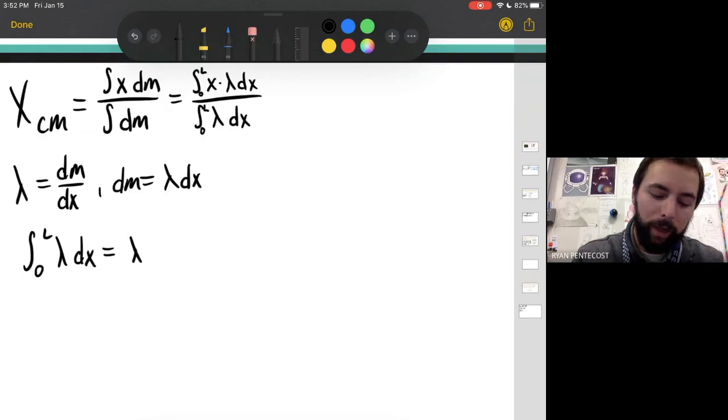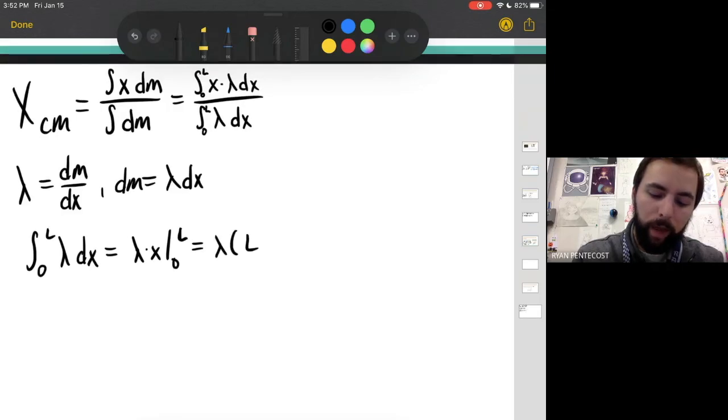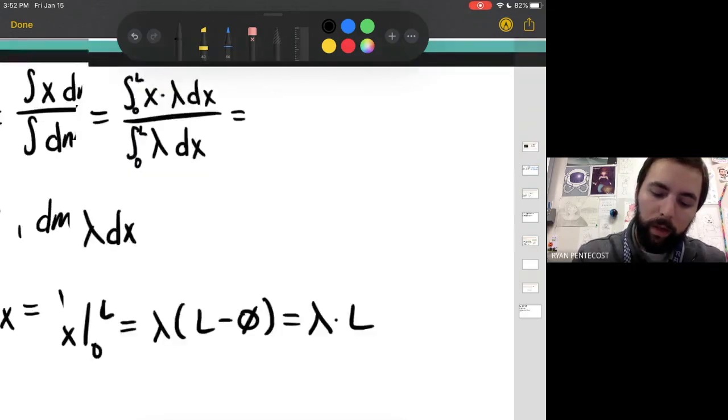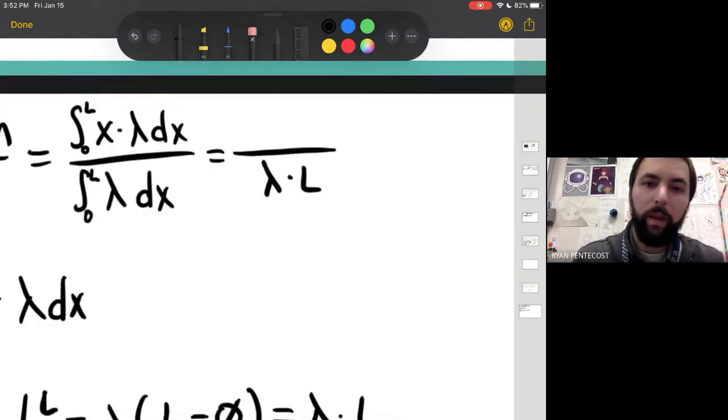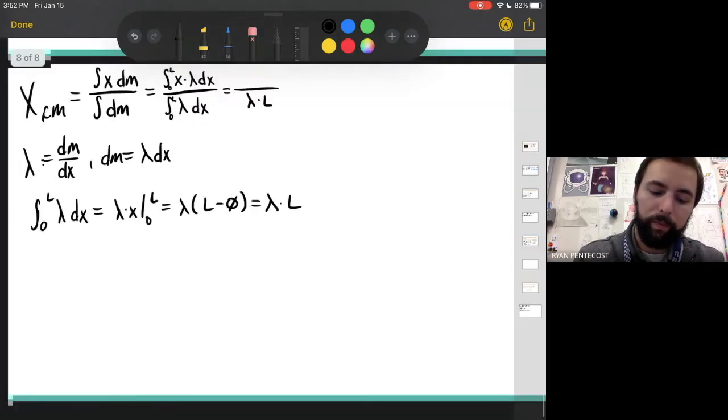So you would get lambda times x from 0 to L, right? And that means you have lambda times L minus 0, which gives you lambda times L. Right? So we'll bring that on up here. That is lambda L in the denominator, right?